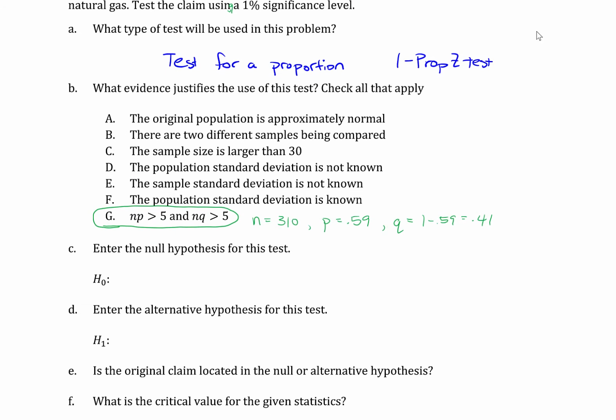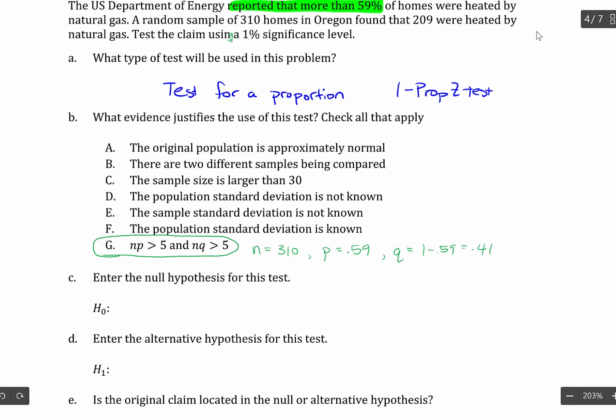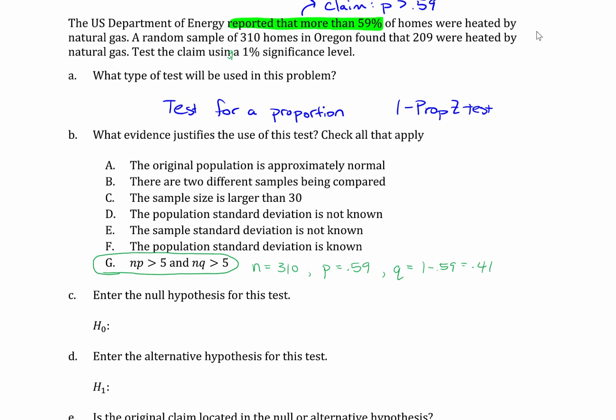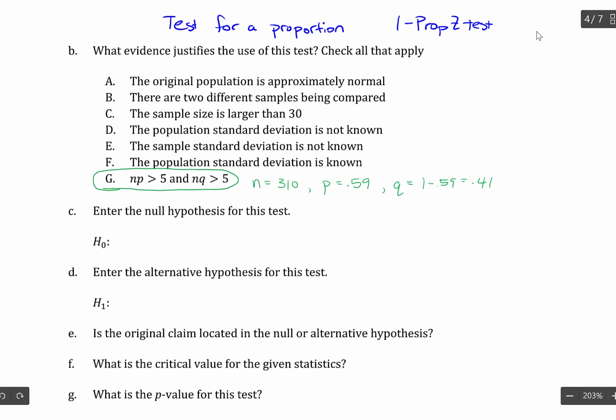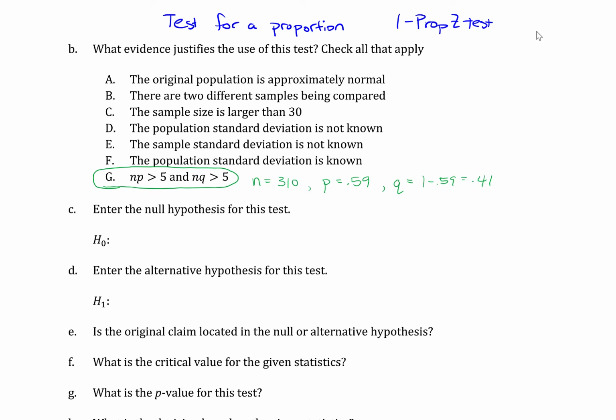Entering the null and alternative hypotheses, what we need to do is take our claim, which was P is greater than 0.59. So there's no statement of equality there. That means that my claim is going in the alternative hypothesis. I'll go ahead and mark that.